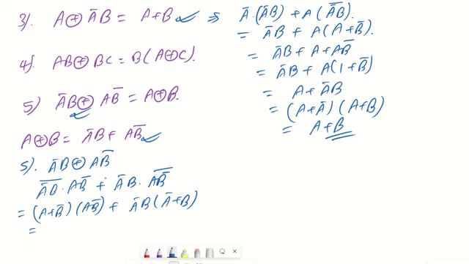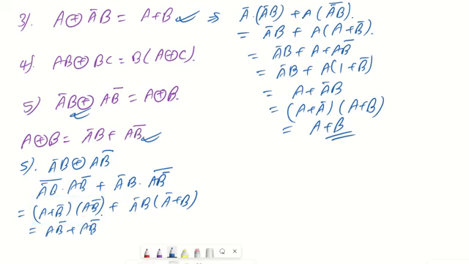Got it? Now if we multiply that, we are going to get A B bar plus A B bar, two times. Understood? Because A into A is A and B bar, and here also A into B bar.